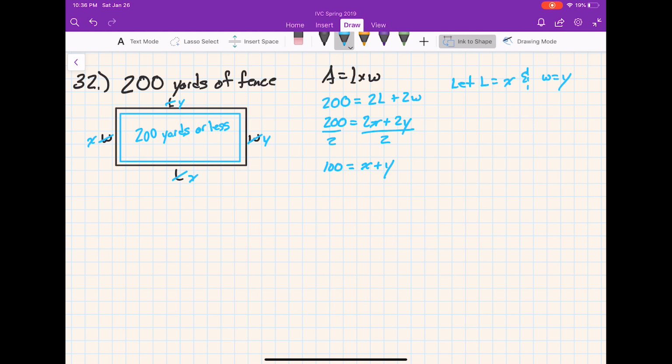So we have 100 minus x equals y. So our minimum is 0, like I said, but not included. And our maximum can be 100. Write that down here.